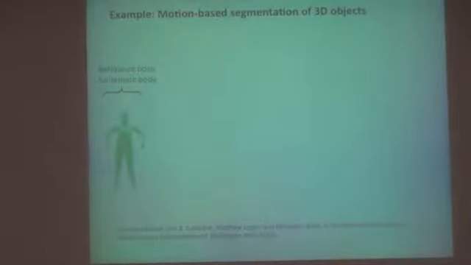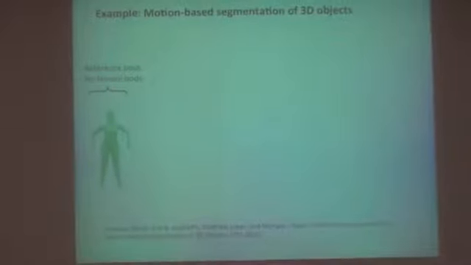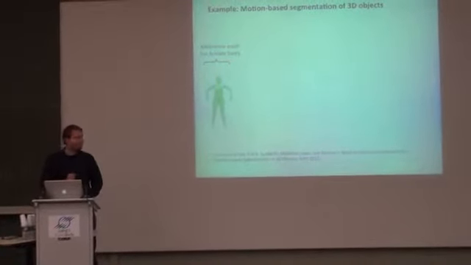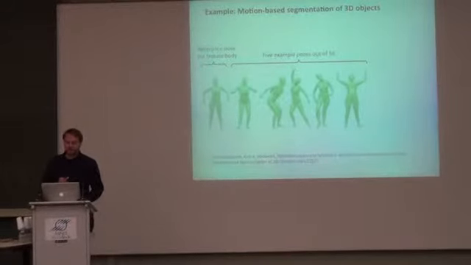And here's an example of the idea behind our approach, something that was published last year at NIPS. You see here a reference surface model of a female body. And the authors of that paper acquired 56 different poses of the same person. And the task was to segment this surface into different subparts that are consistently moving according to some rigid motion.